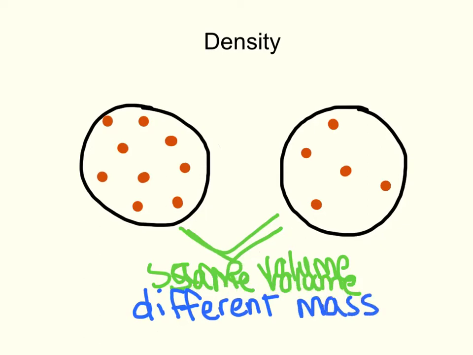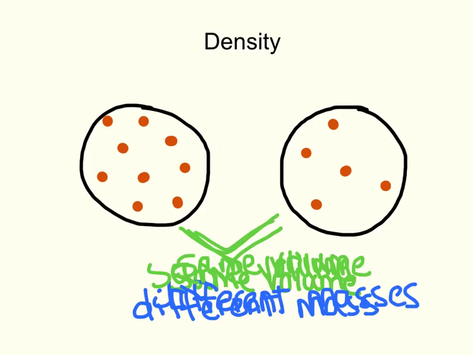We can compare these two things, volume and mass, in what is known as density. Density refers to the number of particles that are in a particular amount of space. We can also use density as a ratio of the mass of an object to its volume.